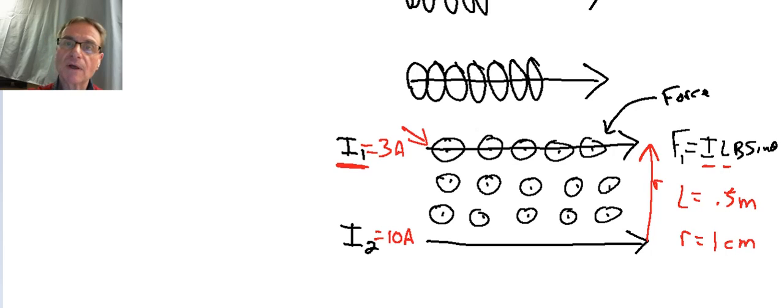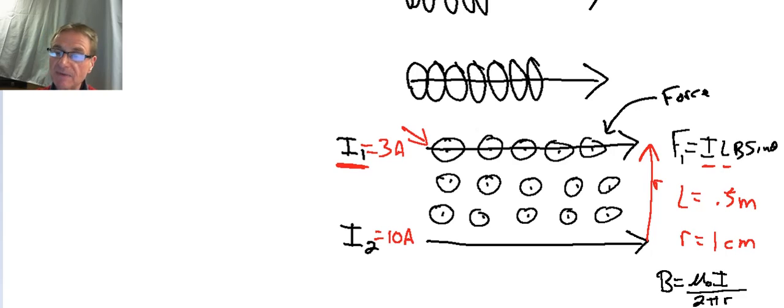Okay, and so we got to ask ourselves then, well, what is the equation for the magnetic field around a current carrying wire? Well, that equation just happens to be B equals mu 0 times I divided by 2 times pi times R, R being the distance from the current carrying wire out to wherever that magnetic field is.